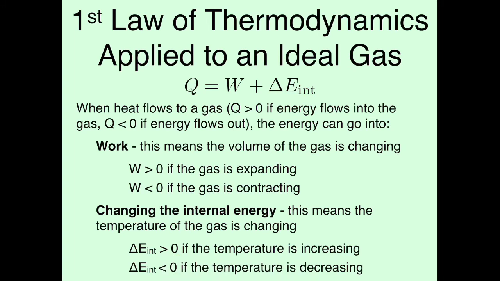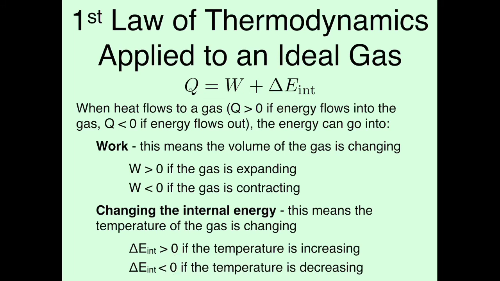So when we talk about work, for a gas, really this means that the volume of the gas is changing. We're going to show this later, but for now, let's just say work done by a gas means the volume is changing in some way. And work can be positive or negative. When work is positive, that means the gas is expanding. When the work is negative, that means the gas is contracting into a smaller volume.